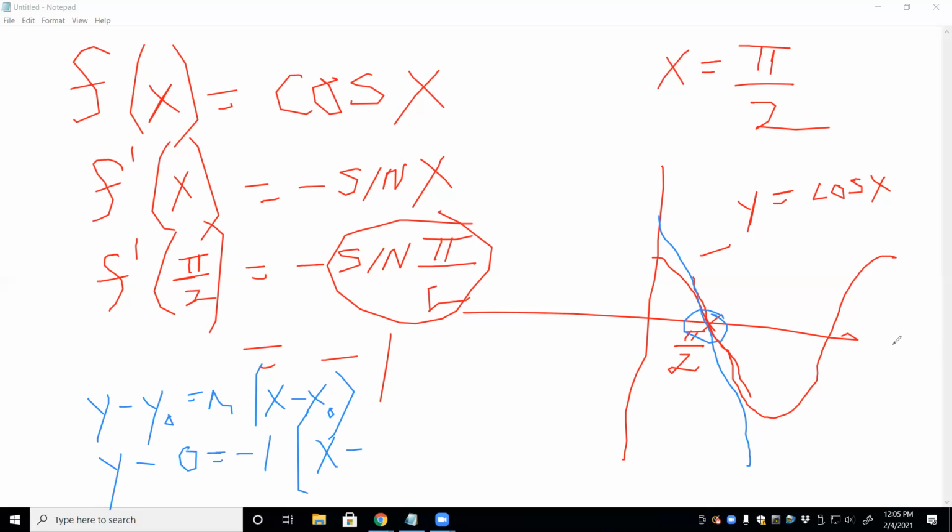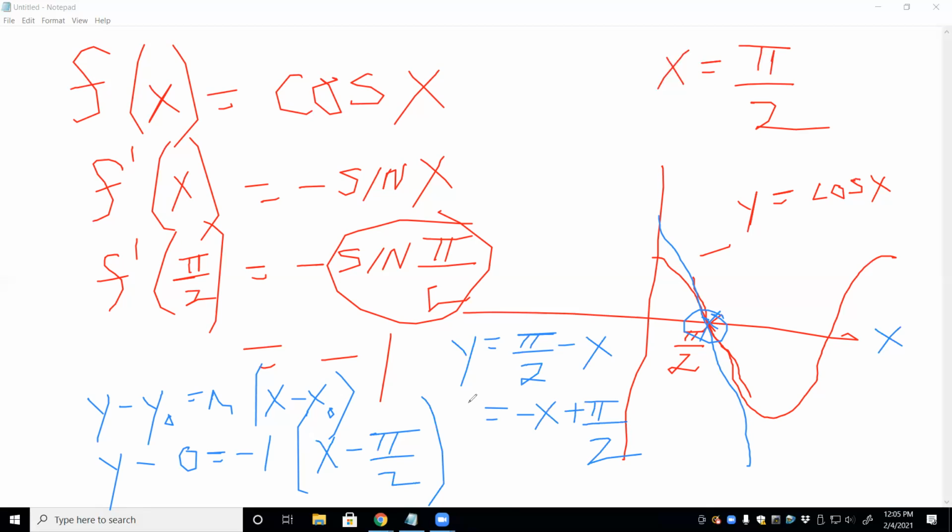Okay, sorry, this is the x-axis. So we're at pi over 2. And the equation of that line turns out to be pi over 2 minus x, or minus x plus pi over 2. So there's the equation of the line.